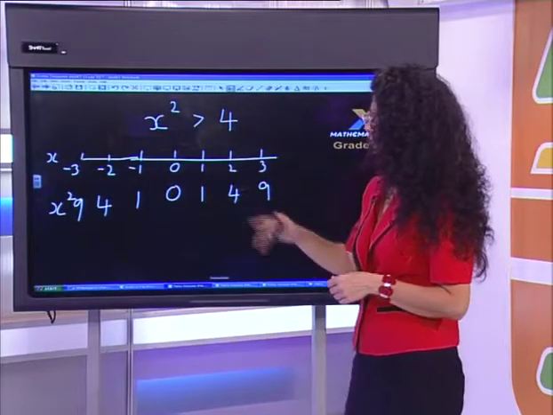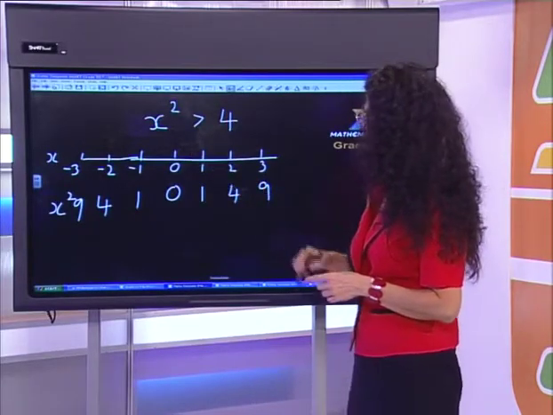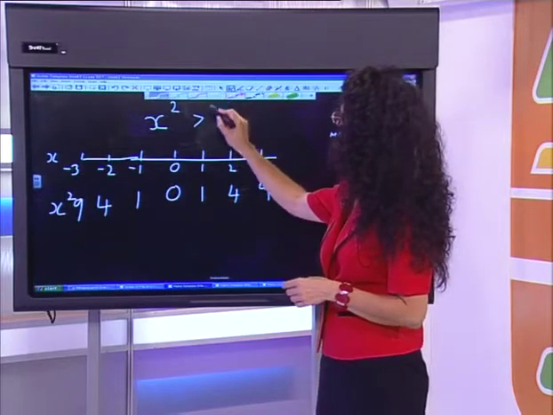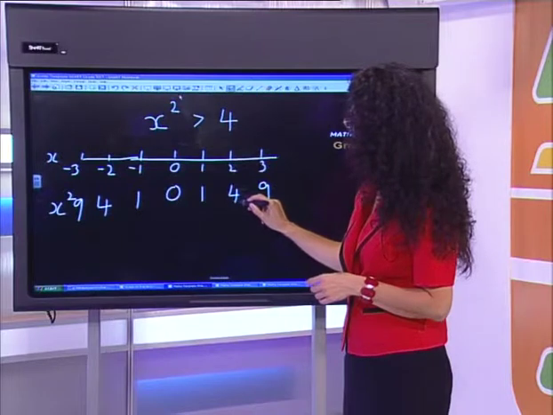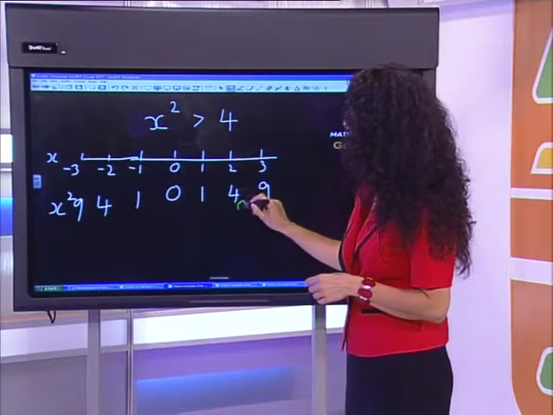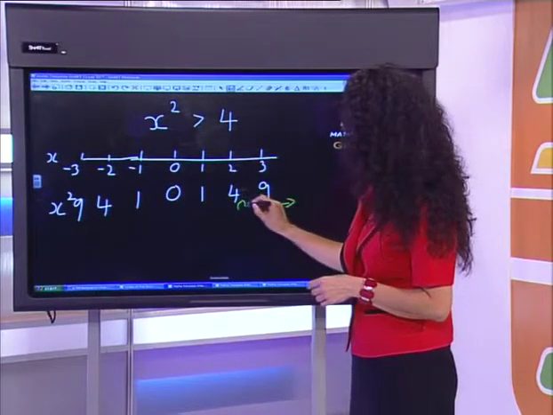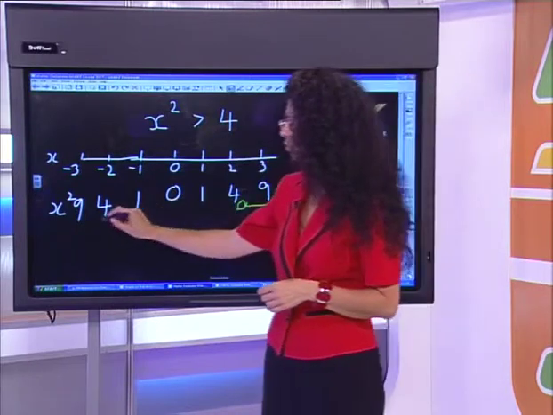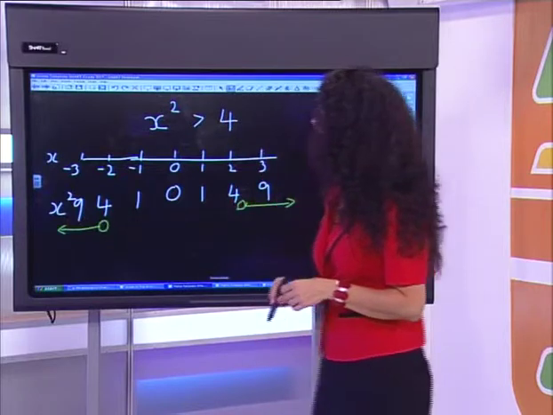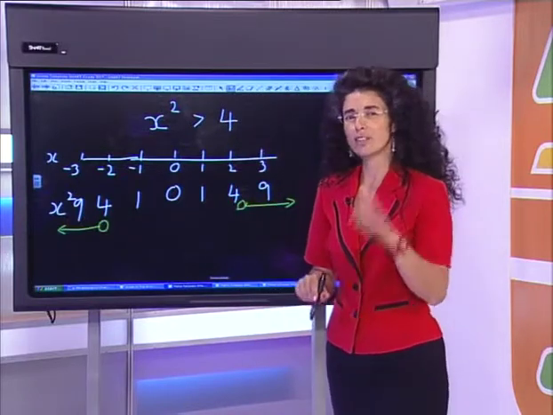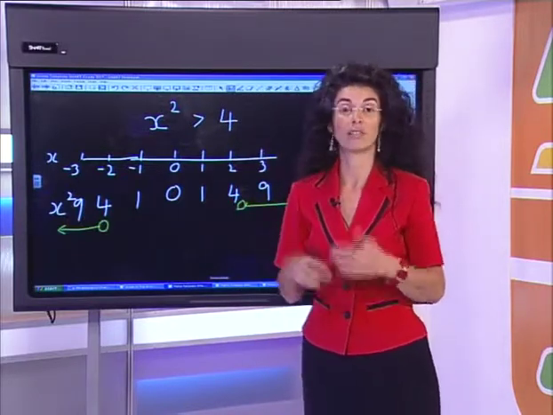And the question is, when is x squared greater than 4? So we can extract that anything greater than 4 would be anything that's bigger than 2 and going that way. And anything smaller than -2 would also give me true values. Now, as grade 10, we haven't yet covered graphs, even here on Learn Extra.